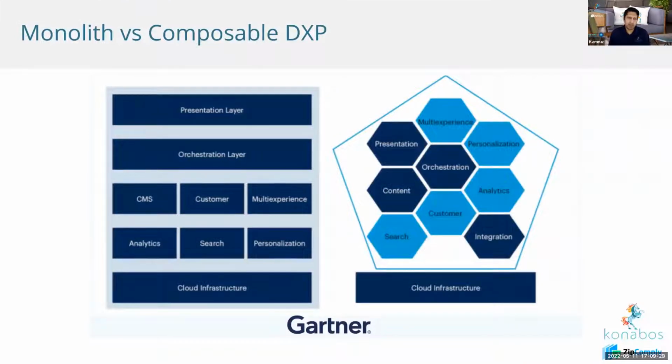So let's start off with explaining what a monolith or a traditional DXP system is compared to the latest and greatest, which we call the composable stack. Within the Sitecore space, we have been used to running with these traditional types of CMSs. They're monolithic in their approach.